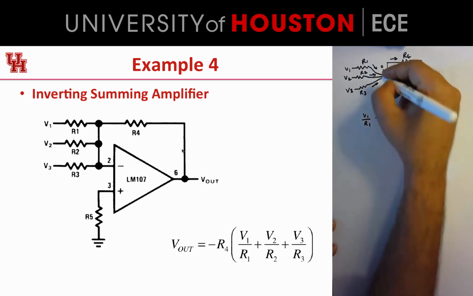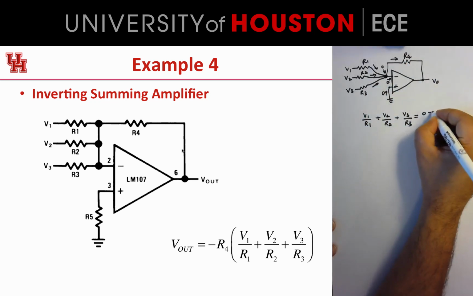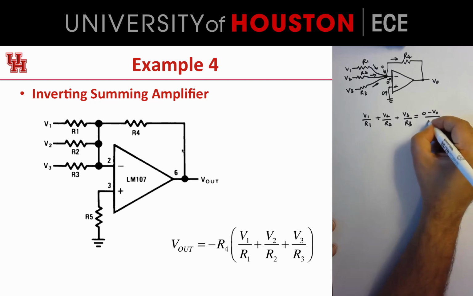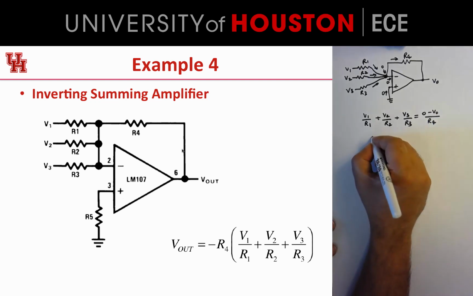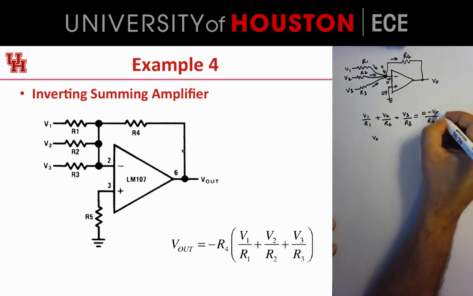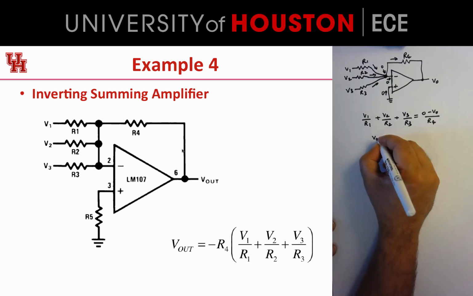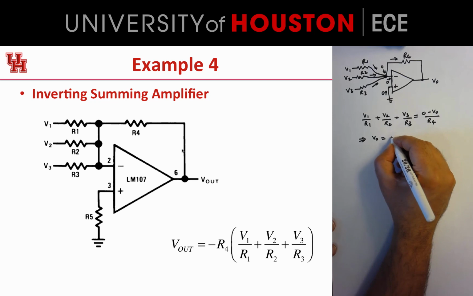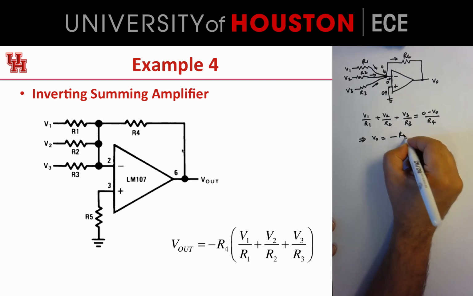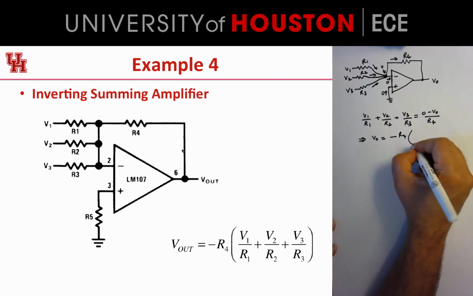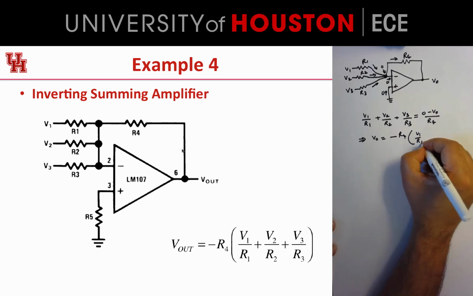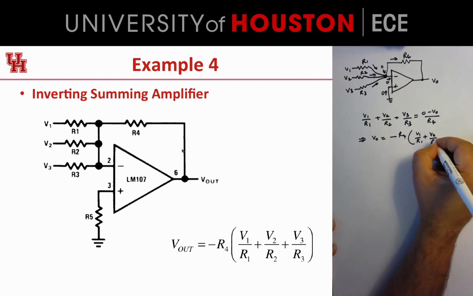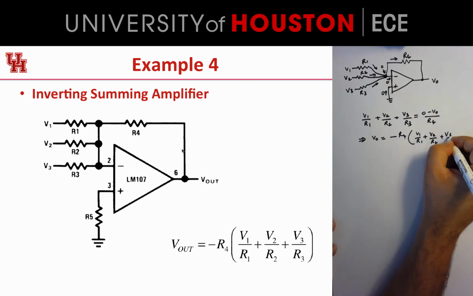So the current flowing into that resistor is 0 minus V0 divided by R4, which means that, I keep calling it V0, it should be V out. Let me call it V out equals minus R4 times V1 over R1 plus V2 over R2 plus V3 over R3.